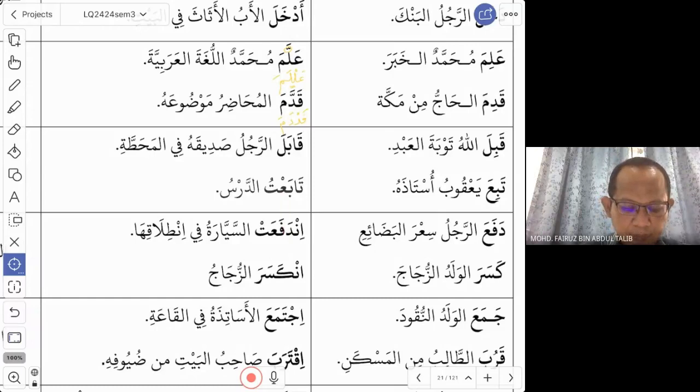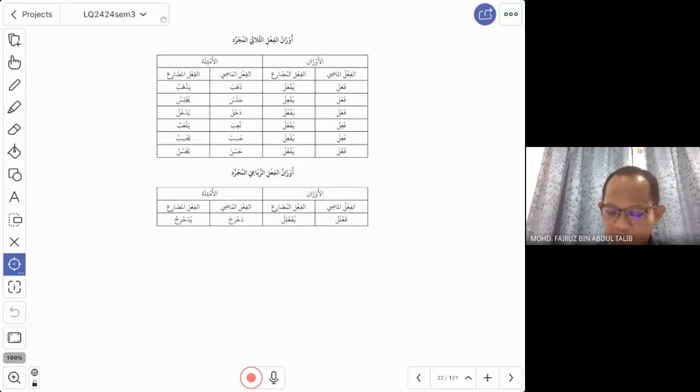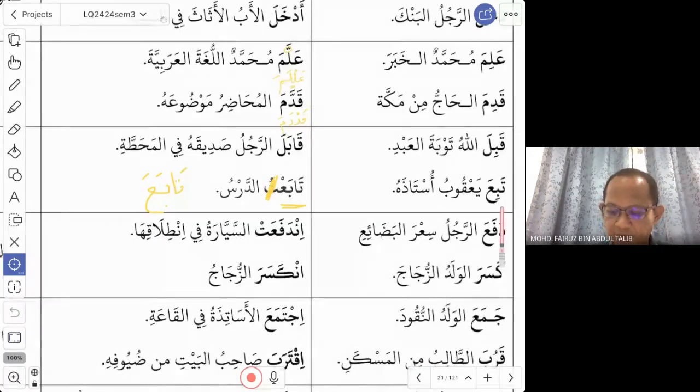Here, please ignore the last ta. We just focus on the first three letters, which are ta, ba, and ain. Taba'a is taken from the fi'il tabi'a. Tabi'a is follow. What does taba'a mean?